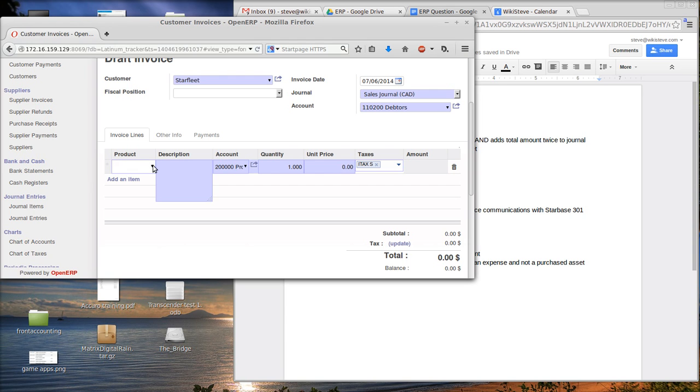And everything thus far has been a service, whether it's a billing or purchase, it's all just a service. So this is going to be for 20.5 hours, unit price of 16, and 13% tax.